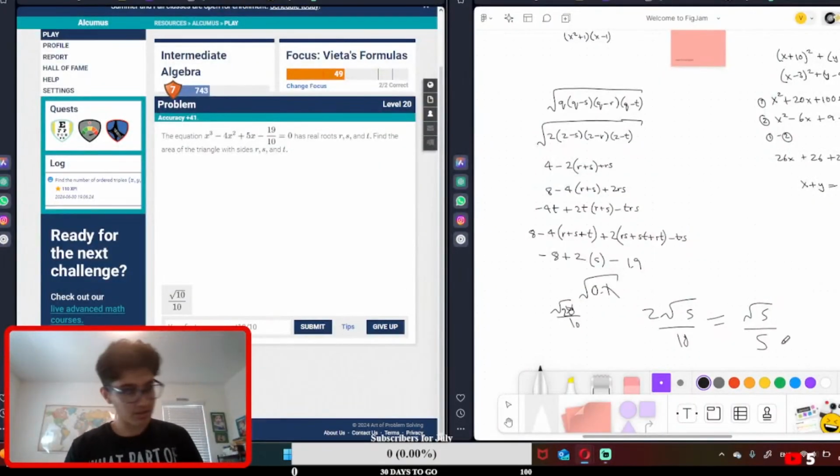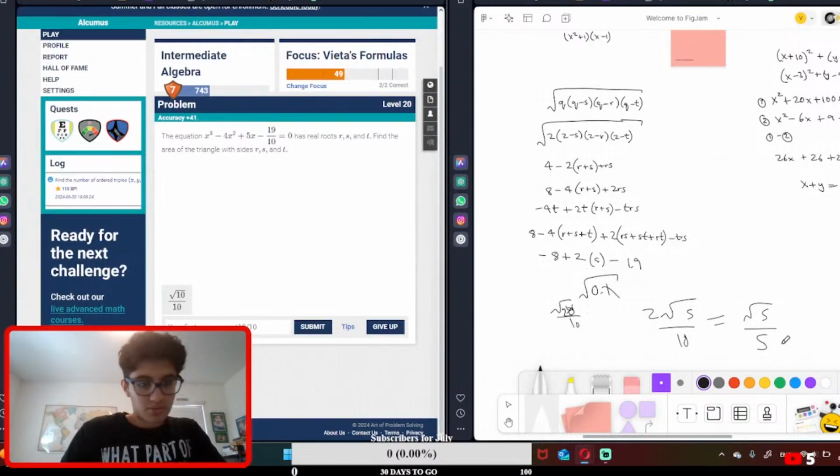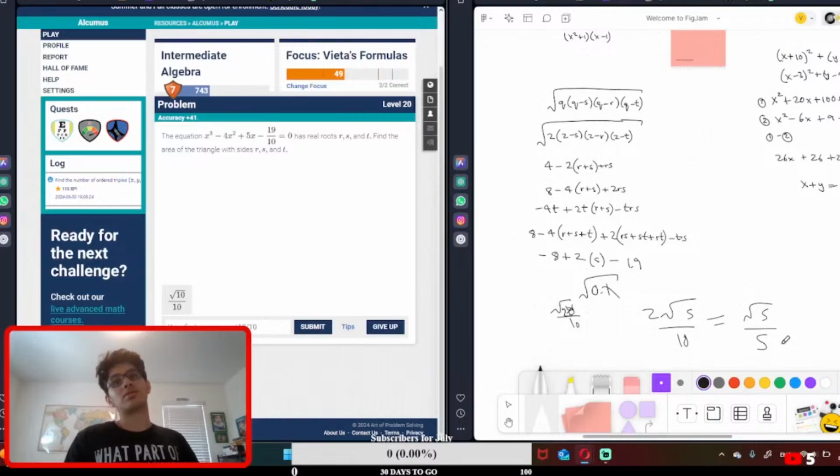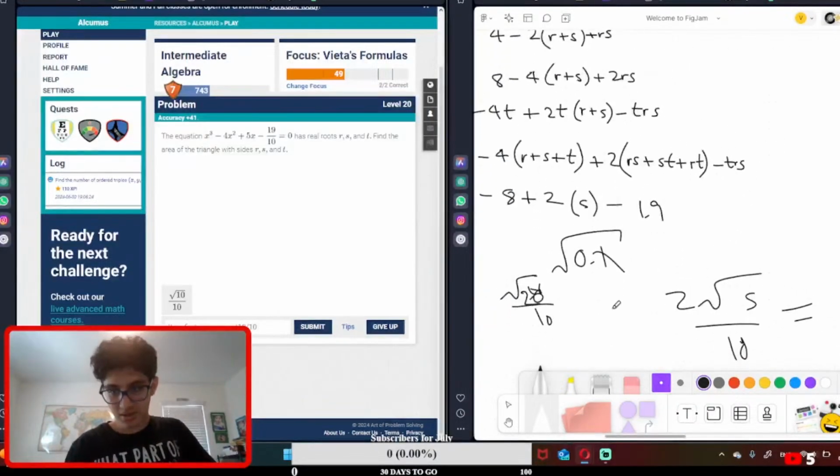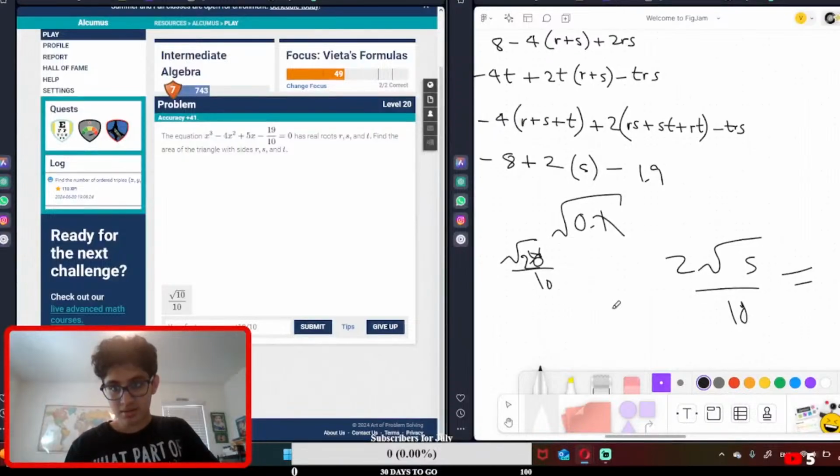So it should be root 20, root point 2, which is root. Wait, no, this was wrong from the start. Okay, let's see. So it's root of 1/5, which is root 5 over 5.